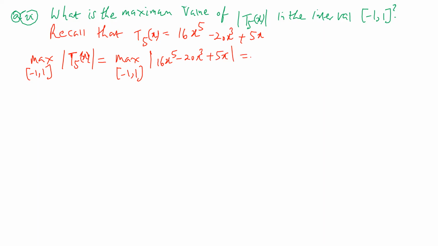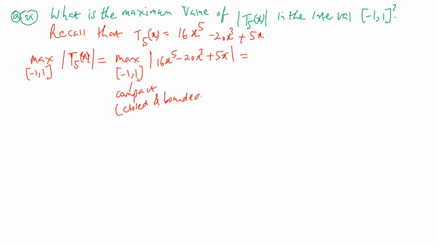Now if you substitute any of these values here, you substitute 1, because this is a compact interval. Compact in mathematics means it is closed and bounded.